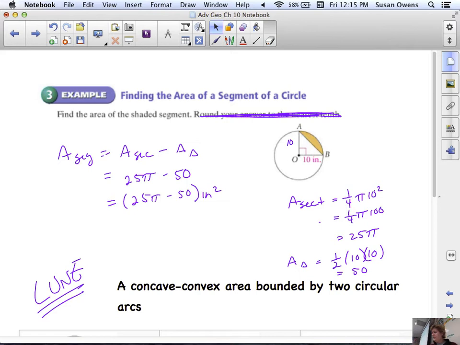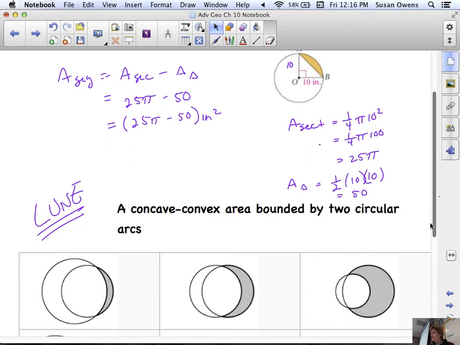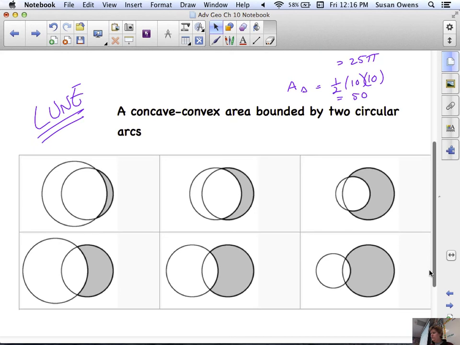Next thing we have is the definition of a loon. This is not in your book, so this is something we're adding, and we will do some loons. It is a concave-convex area bounded by 2 circular arcs. So what I have next is some examples of loons.